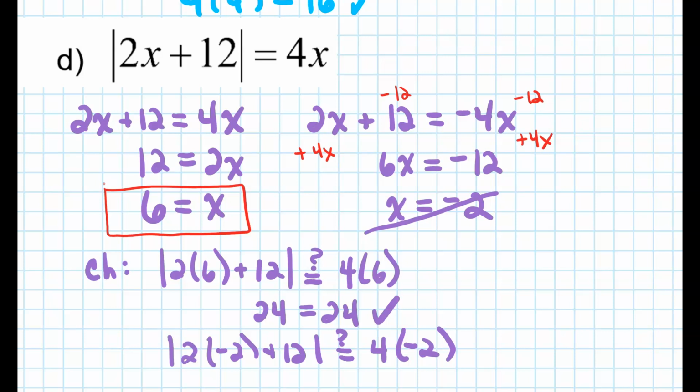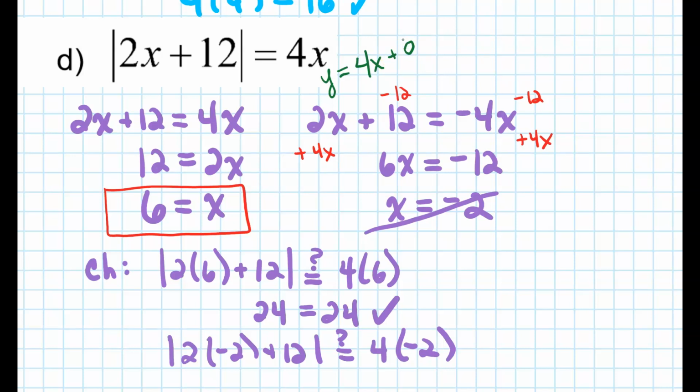Okay. So how would that look on a graph? Well, we only have one solution here. If we thought about this in terms of a graph, this side would be like y equals 4x, which is what? Oh, that's the slope.